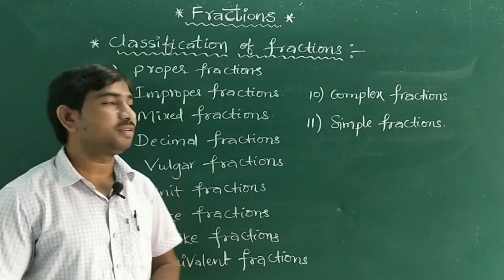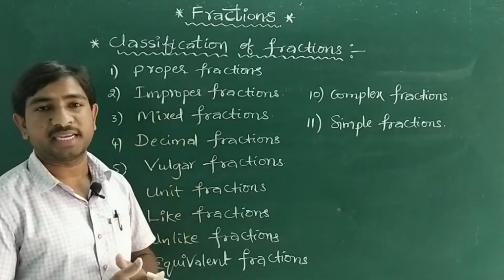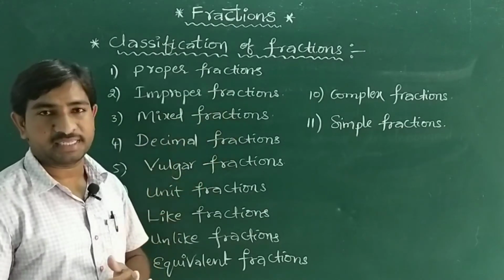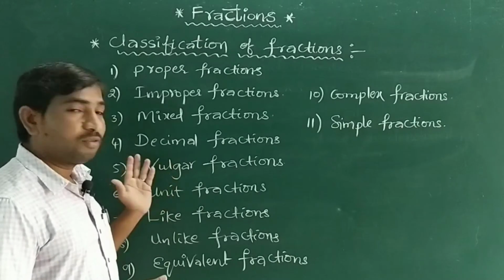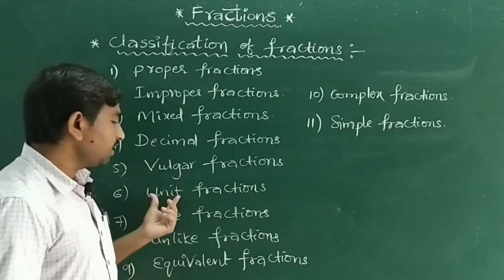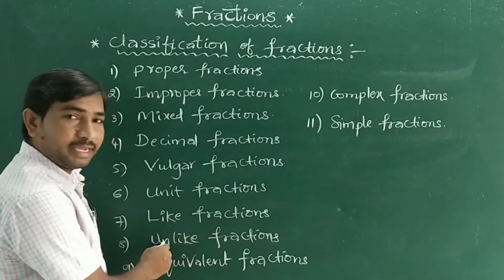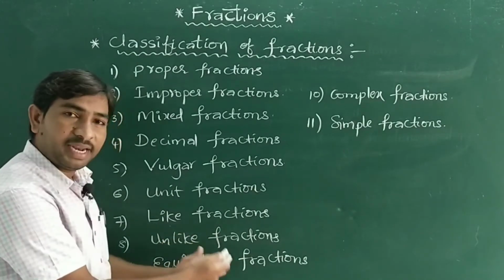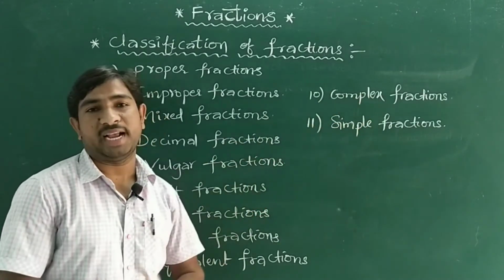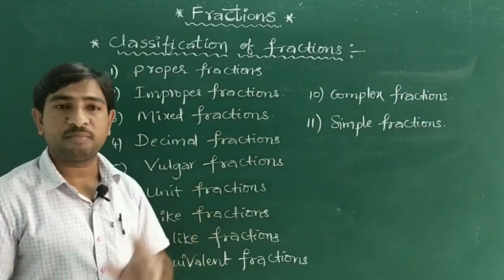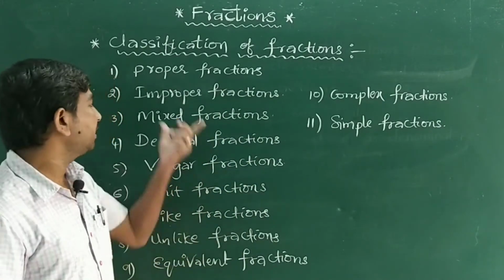First is proper fractions, second improper fractions, third mixed fractions, fourth decimal fractions, fifth vulgar fractions, sixth unit fractions, seventh like fractions, eighth unlike fractions, ninth equivalent fractions, tenth complex fractions, and eleventh simple fractions. These are the most important types of fractions. I will explain them one by one.